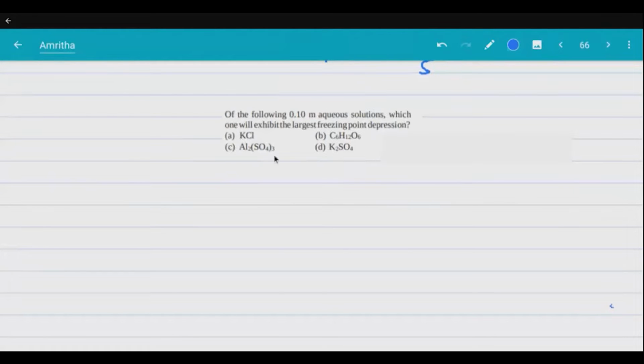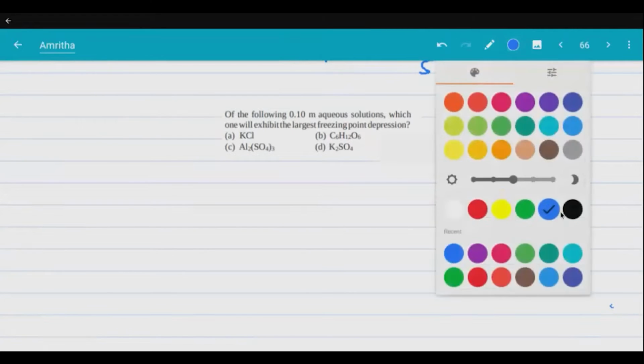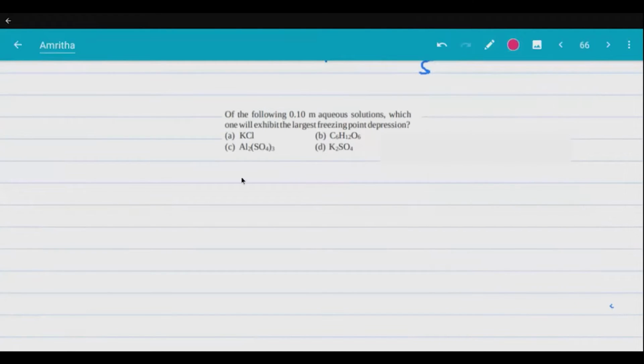There are 4 options given and each solution's molality is also given. Concentration is given as 0.1 molal. Which one will exhibit the largest freezing point depression? How do we do this? What is the formula for depression in freezing point? Delta Tf is equal to i into Kf into m.